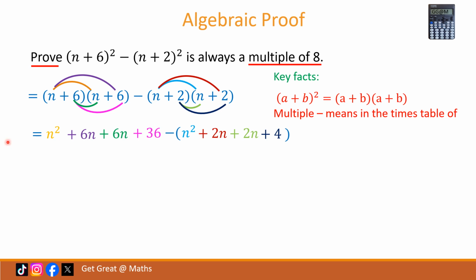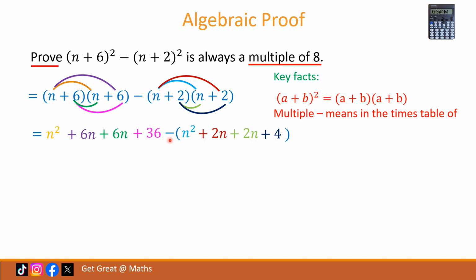So to start with, I have got an n squared here, which just remains exactly the same. Then I've got a 6n plus a 6n, which is going to give me 12n. The plus 36 stays the same. From here, I've got a minus the whole lot of each of these terms. Now there is no number in front of this bracket, so it means there is a magic 1 in front of here, so it means -1 times each of the terms in the bracket.